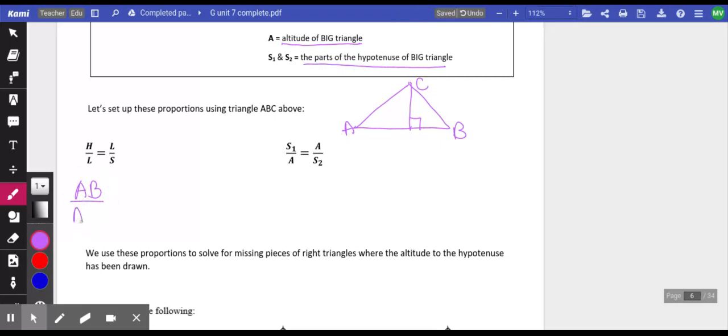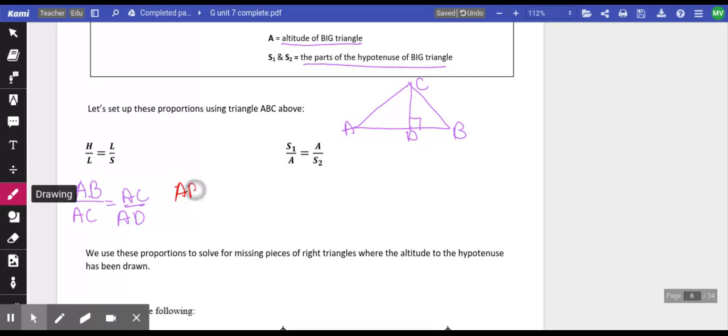I can do it for AB over AC equals AC, and then it's going to be to AD because that's what part the leg AC is closest to. Or I can do it as the whole hypotenuse again, and this time I can do the other leg, BC, is equal to BC, and this time it's going to be BD because that's the side it's closest to. So those are my two possibilities for hills.